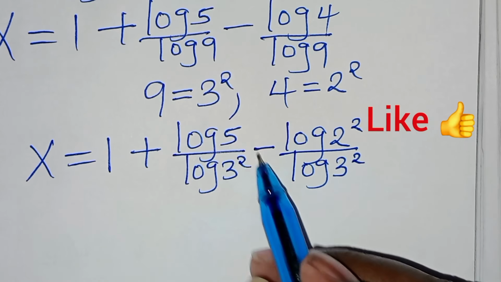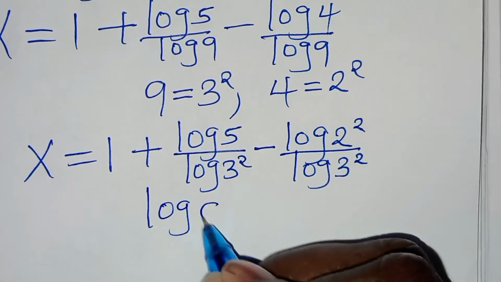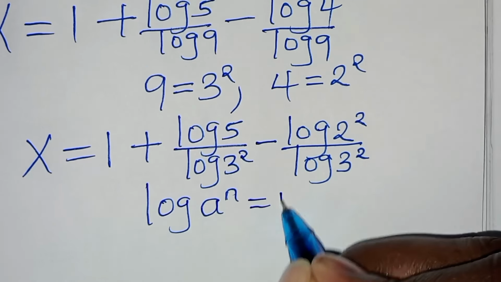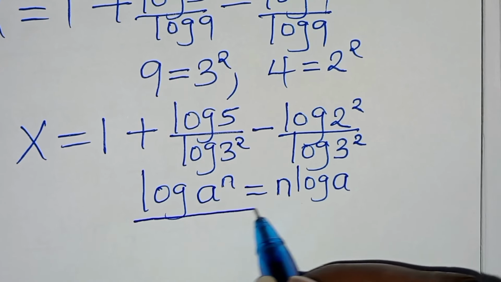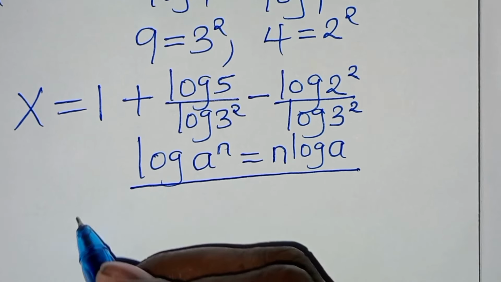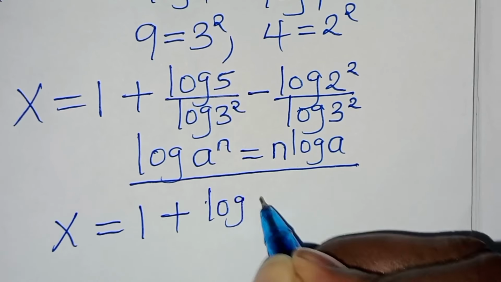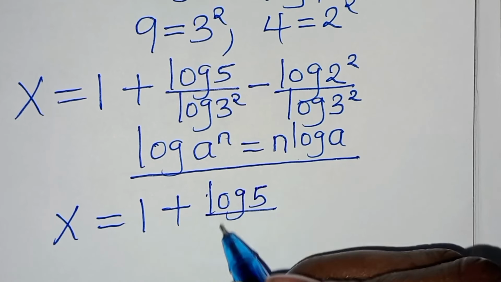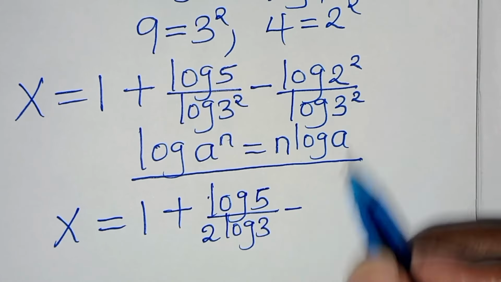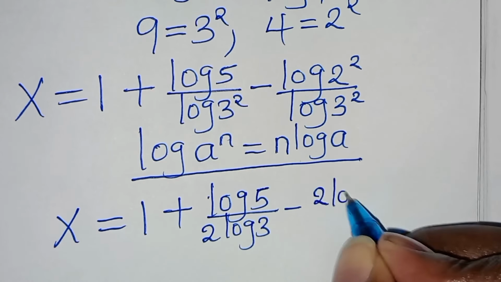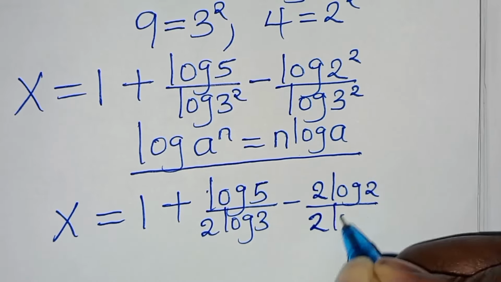Now, log 3 to the power of 2 and log 2 to the power of 2 are in the form of log a to the power of n, which we can transform as n log a. So let's apply this power rule property so that now x is equal to 1 plus log 5 divided by 2 log 3, then subtract log 2 to the power of 2, this becomes 2 log 2 divided by 2 log 3.